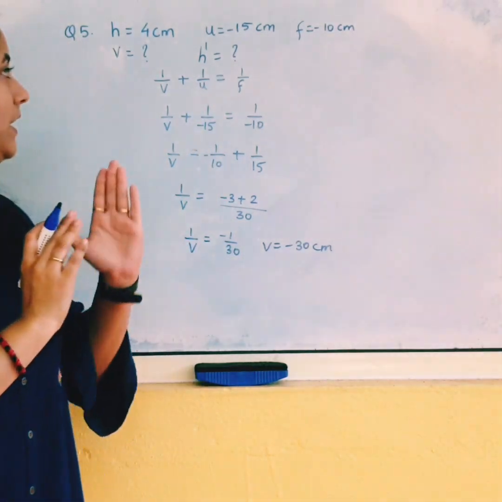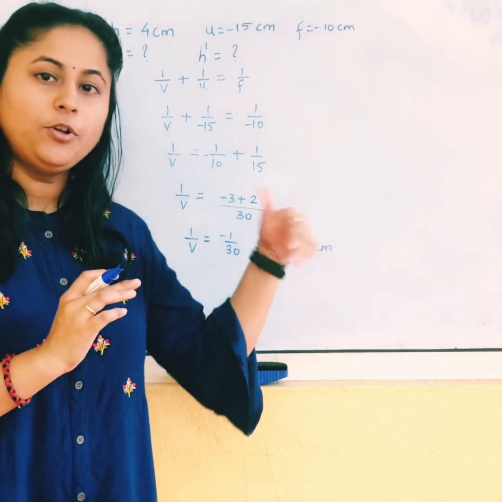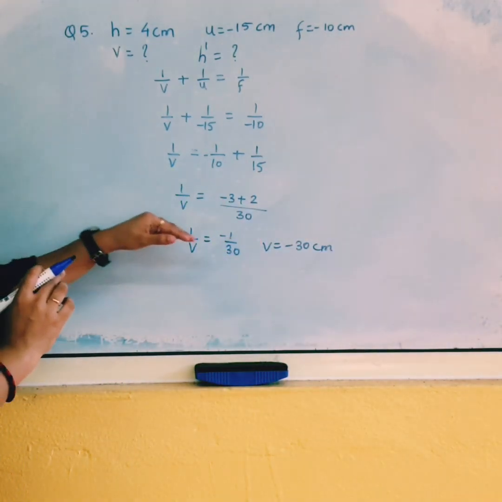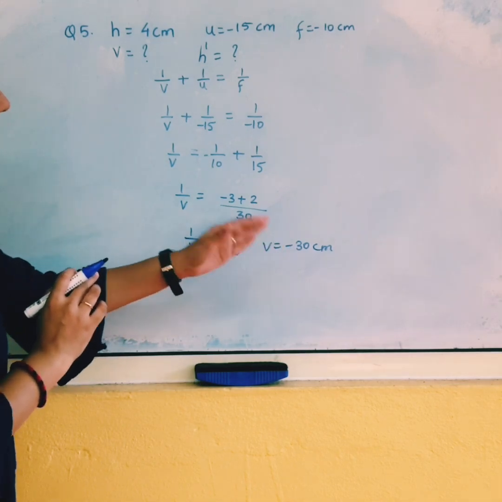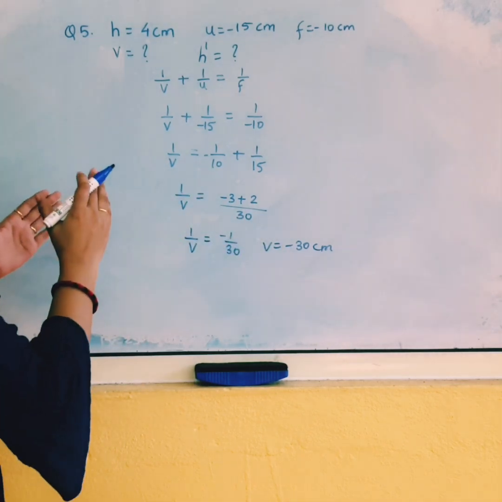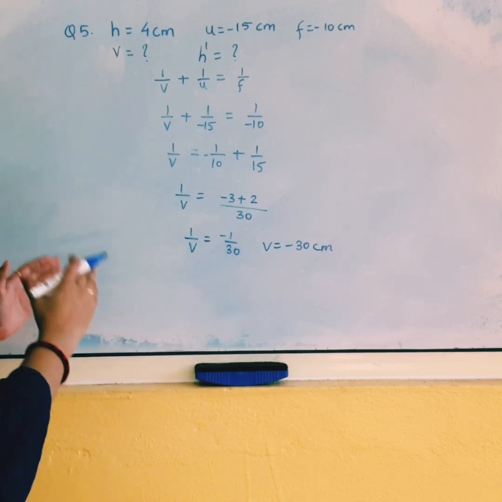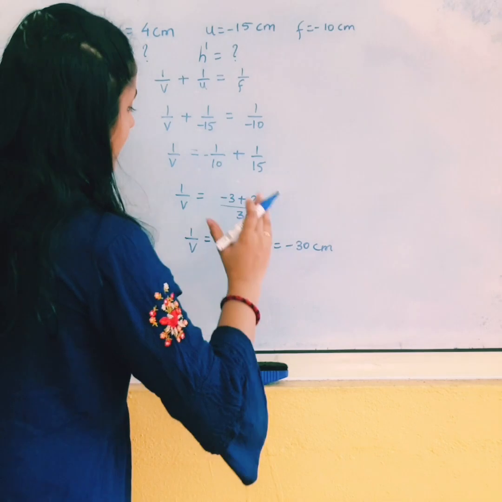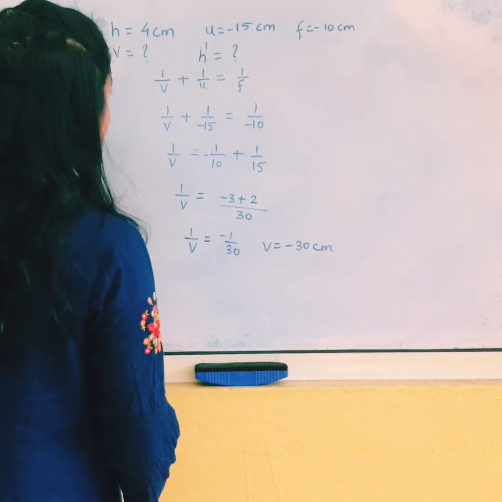If it was virtual, then it would form on the right side of the mirror. So here you have to say the screen should be placed 30 centimeter on the same side of the mirror.